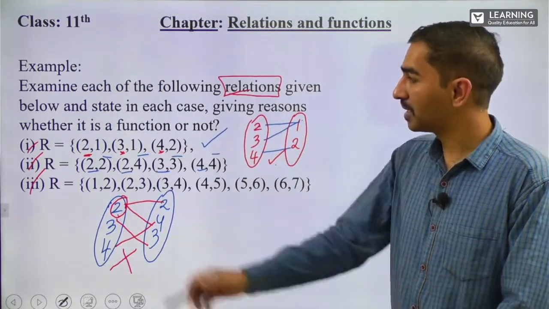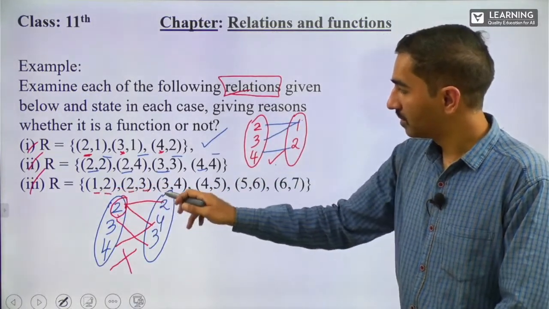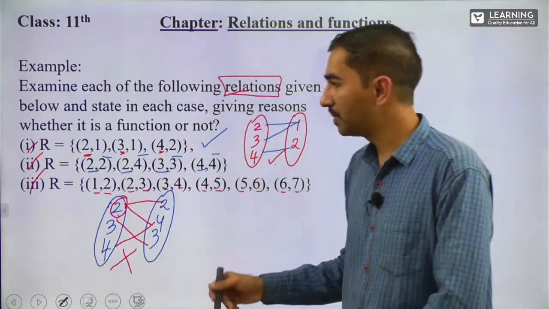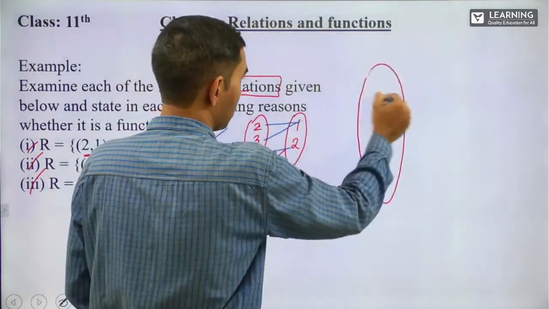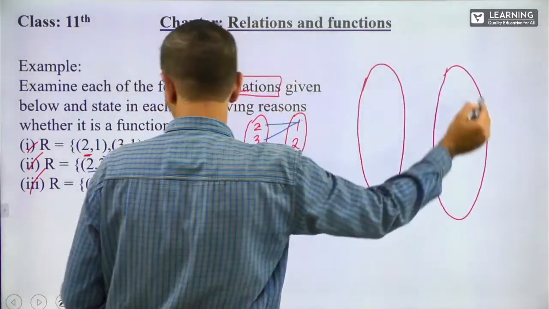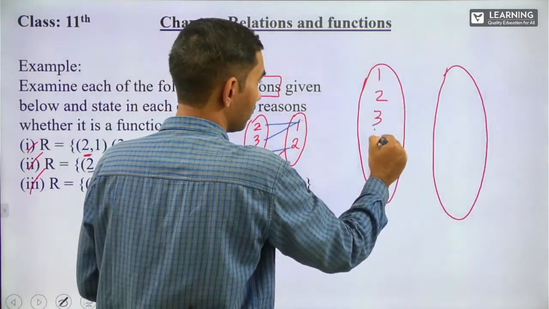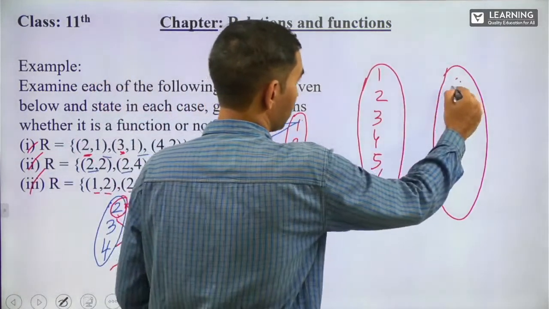Moving on to the next one, number 3. 1, 2, 3, 4, 5, 6 and 2, 3, 4, 5, 6 and 7. We'll map them as well. So this is number 3, students. In the set X we have 1, 2, 3, 4, 5, 6, and in Y we have 2, 3, 4, 5, 6 and 7.